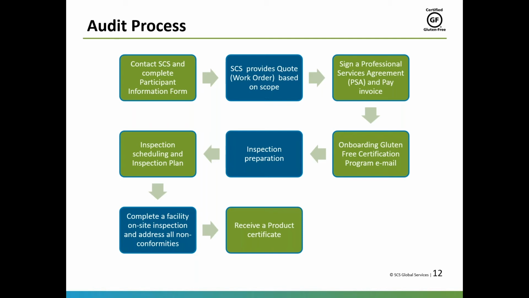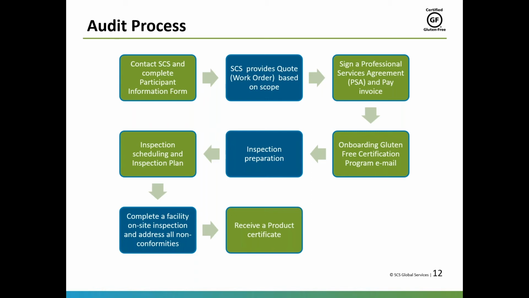Once we complete a facility on-site inspection and address any nonconformities that come up during the site inspection, you receive your certificate. So basically, after the inspection, if there are any nonconformities, you will receive a report listing out all those nonconformities.